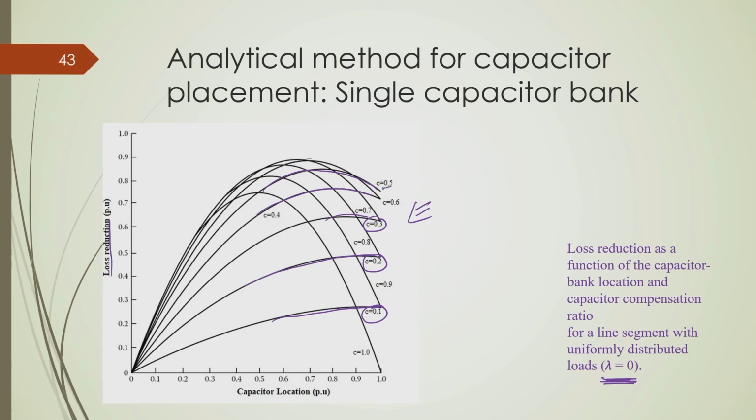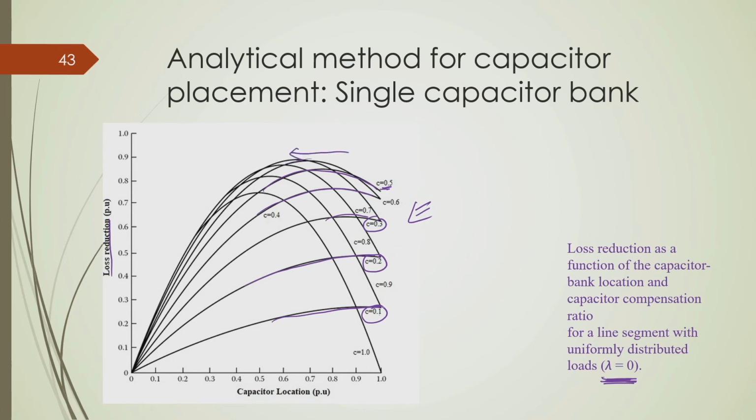Then you can see the peak loss reduction after C equal to 0.5 or C equal to 0.6 will not change. Rather, the location where this peak loss reduction takes place is shifted to that side.